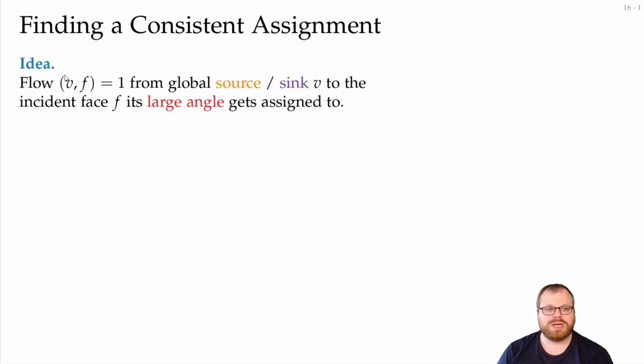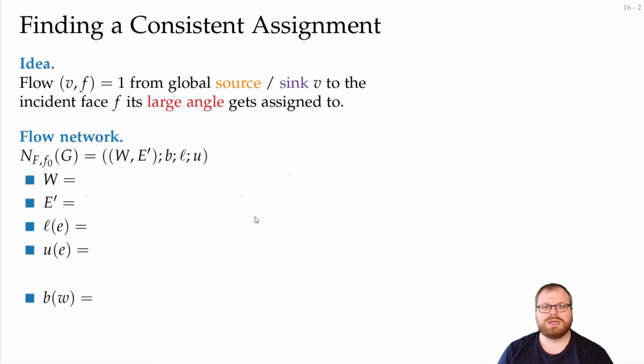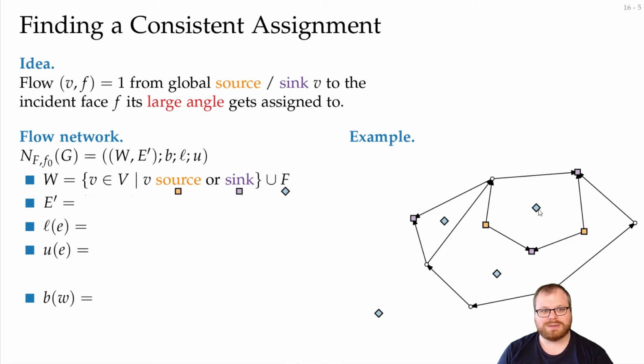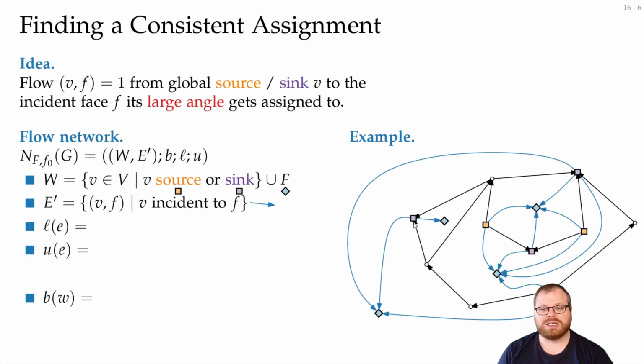So we want to have a flow of 1 between a global source or sink and a face if the face gets the large angle of this global source or sink. So we can build a flow network. And the vertices in this flow network, that's exactly the global sources and sinks and the faces. The edges in this flow network are edges only between vertices and faces, and those are defined by the incidence.